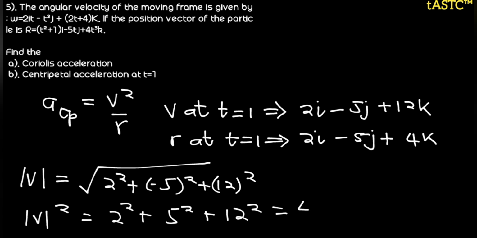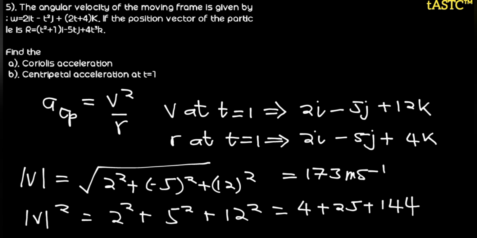So this is going to be 4 plus 25 plus 144. So let us find out. That gives us 173. Now we're going to write this in meters per second as the unit for a vector.